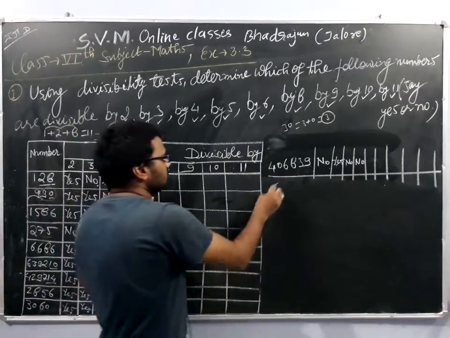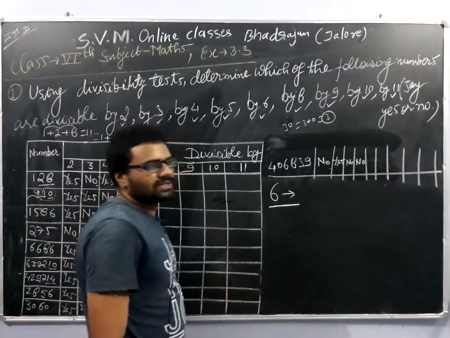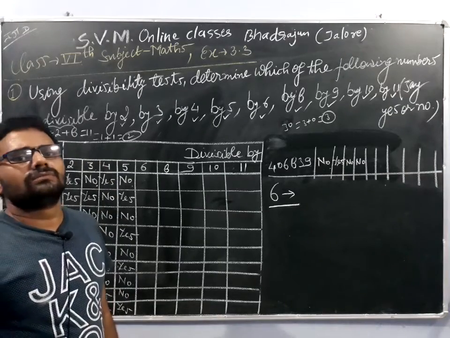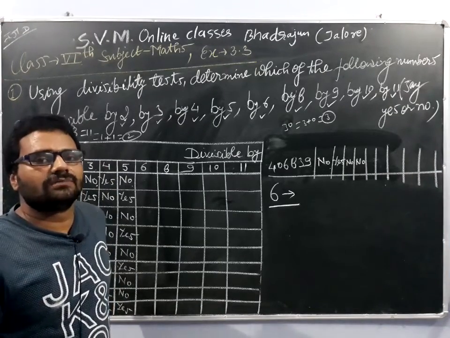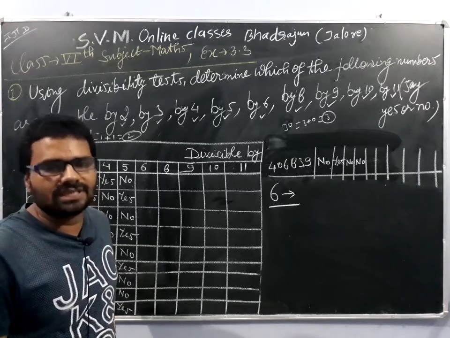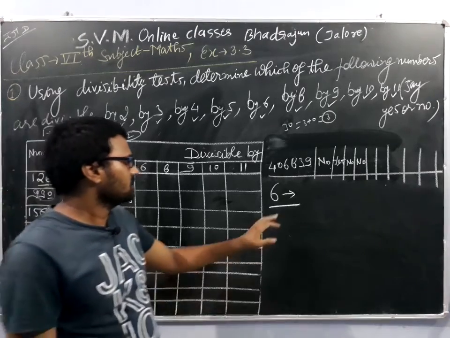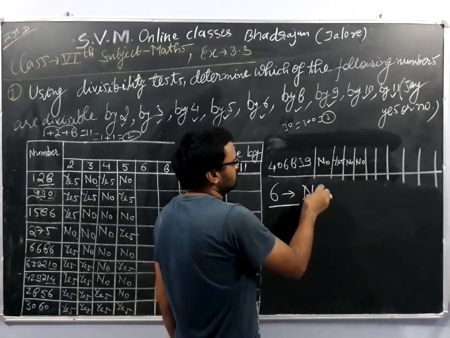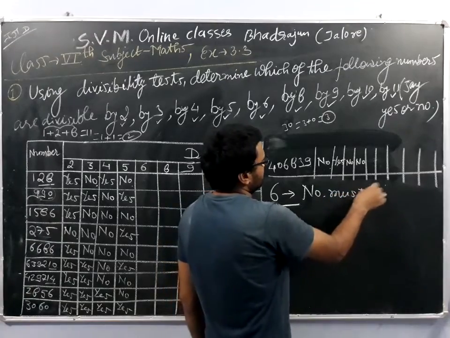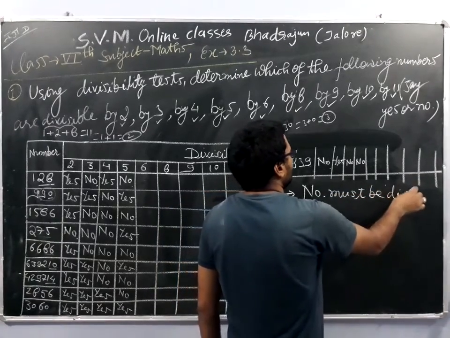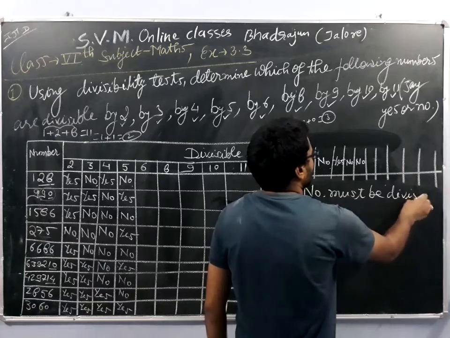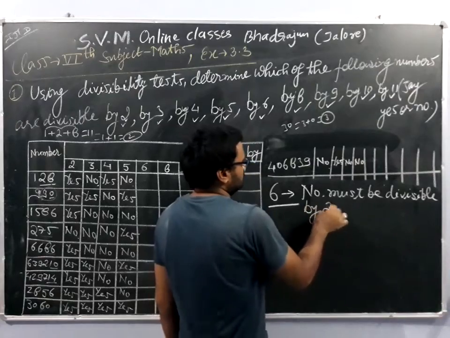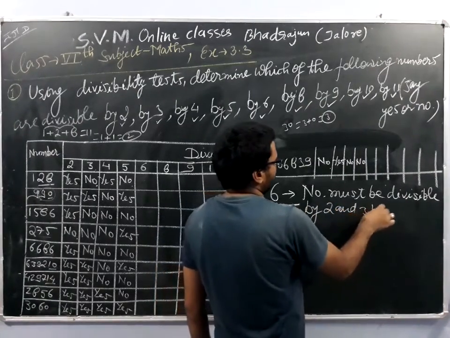Here we are seeing the divisibility rule of 6 is, if a number is divisible by 2 as well as by 3, or in other words we will say if a number is divisible by 2 and 3 both, then only the number is divisible by 6. The number must be divisible by 2 and 3 both.